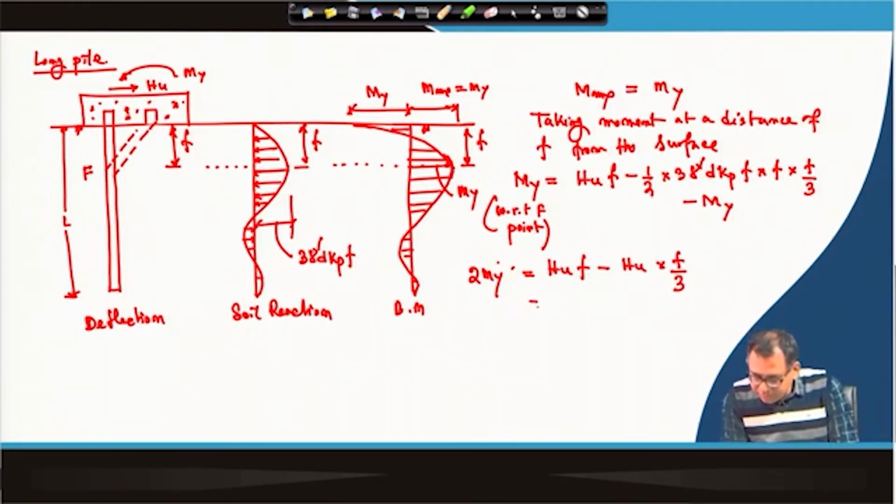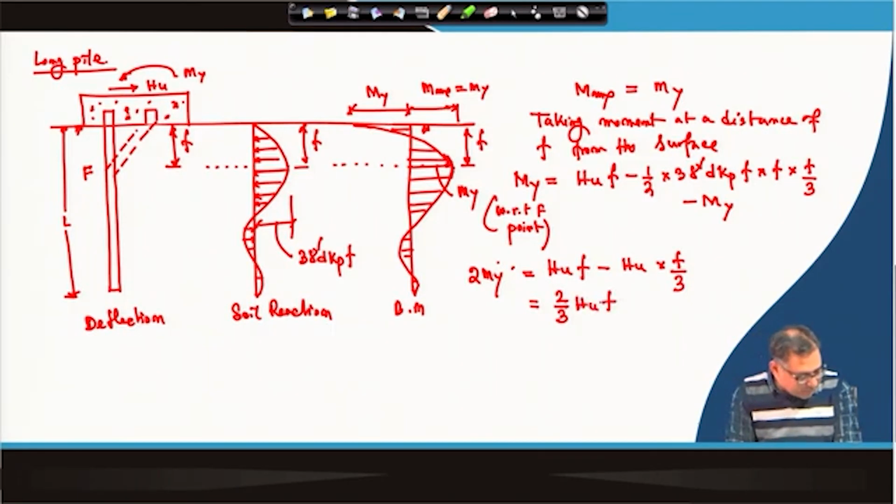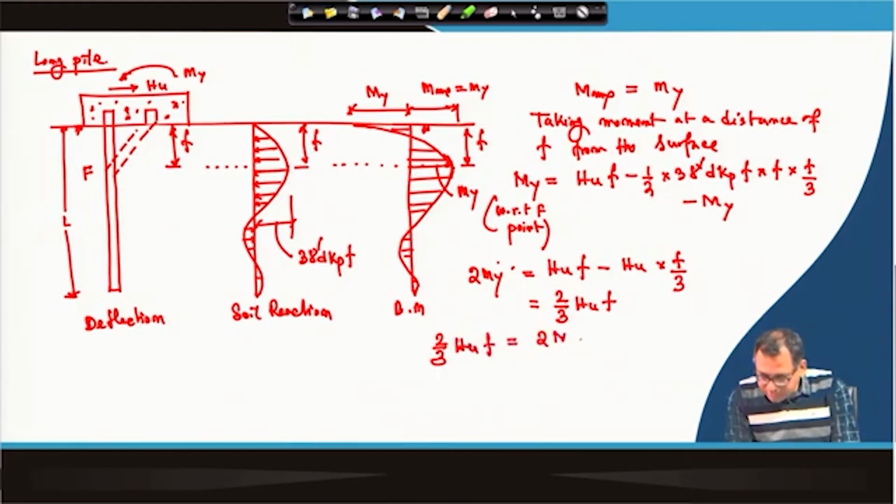So, this will be 2/3 HU F. So, I can write that 2/3 HU F will be equal to 2 My, or I can write HU will be equal to 3 My divided by F, and where My is again known.